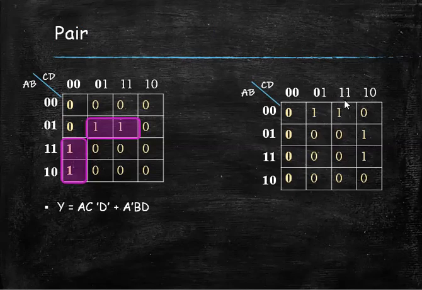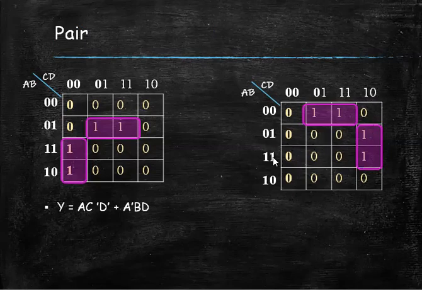It contains 4 ones, that is 2 pairs. There is first pair and there is another pair, one pair horizontally and one pair vertically. Okay, when we are moving horizontally, we know that, look at here, A bar B bar, C changing, then A bar B bar D, and here C vertically moving, then C D bar not changing.